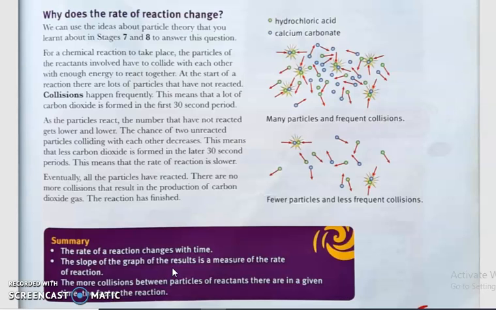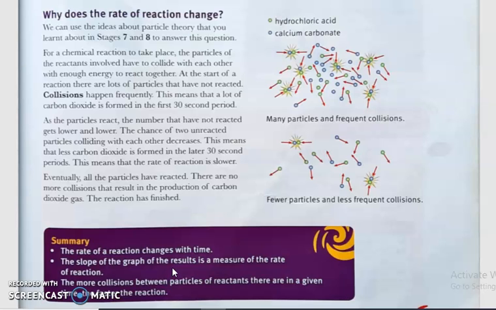The gradient is what actually gives us the measurement. Gradient means the y-axis divided by the x-axis. Here the y-axis will be either the volume of gas, mass of gas, or mass of any product, that is, amount of product divided by time or amount of reactant divided by time. If the line is steeper, the reaction is fast.